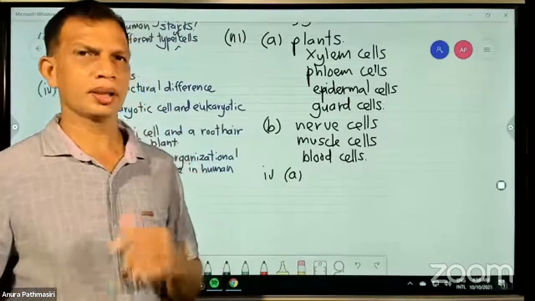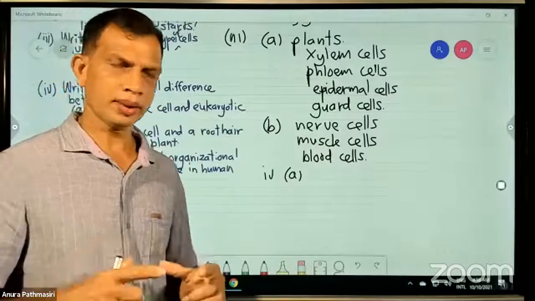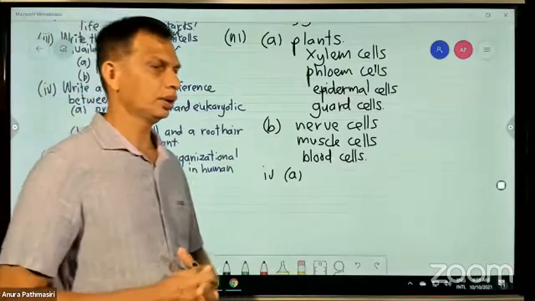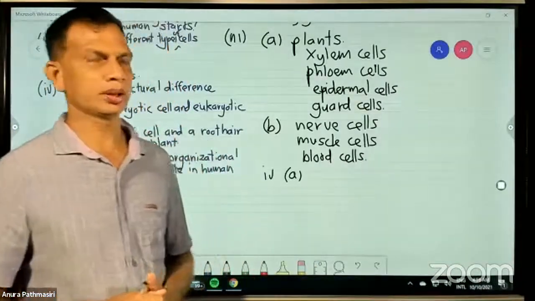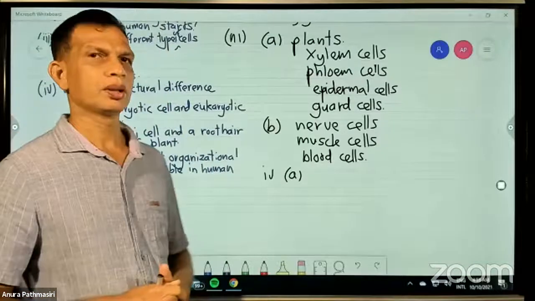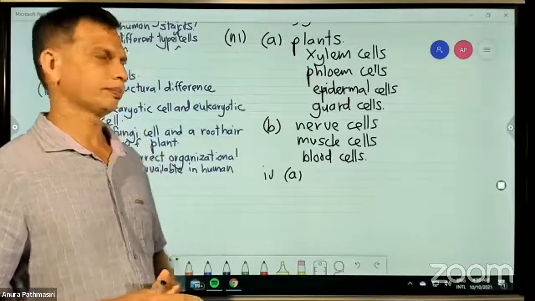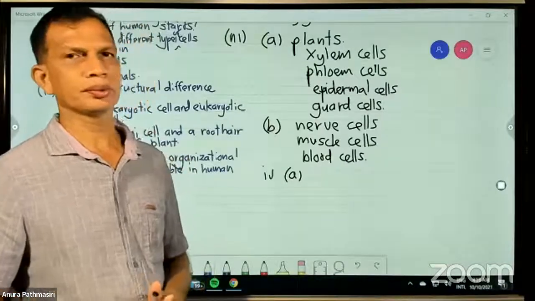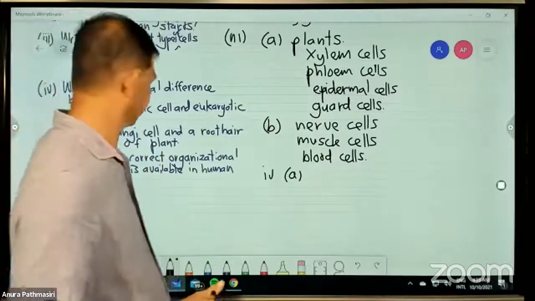Eukaryotic cell has an organized nucleus or nuclear envelope. Eukaryotic cells have a nuclear envelope, and prokaryotic cells do not have a nuclear envelope.